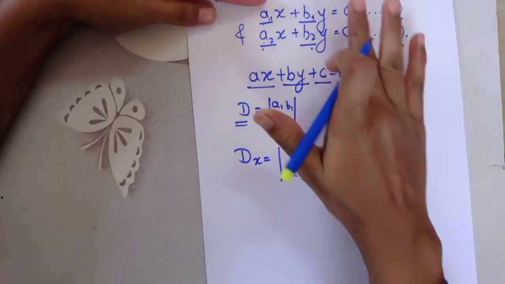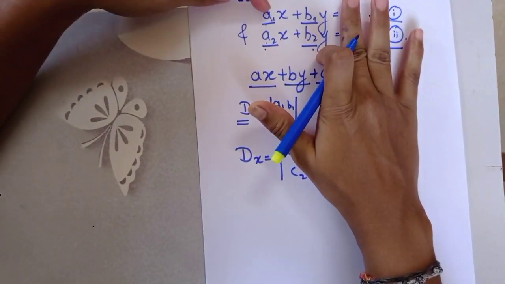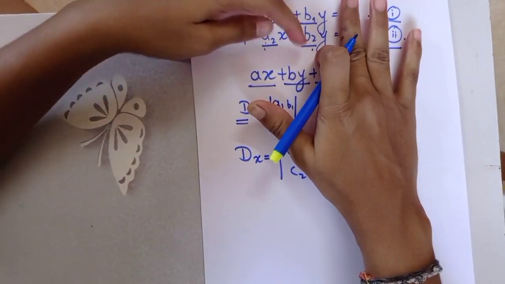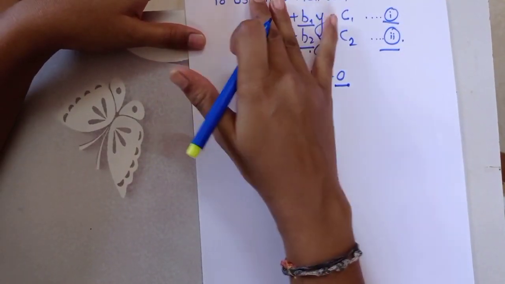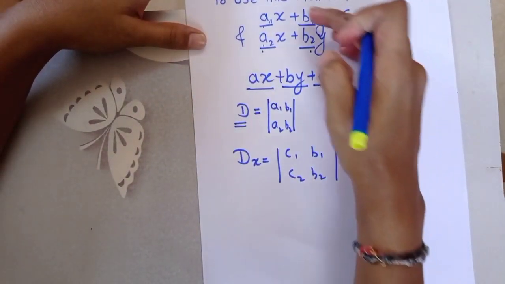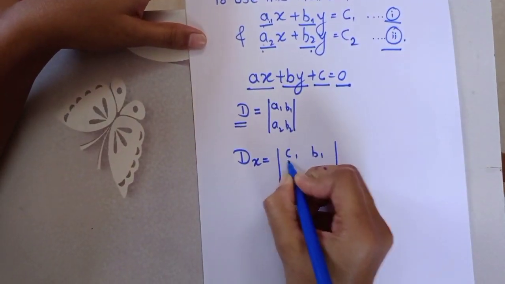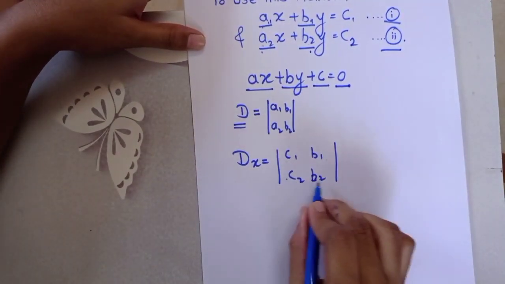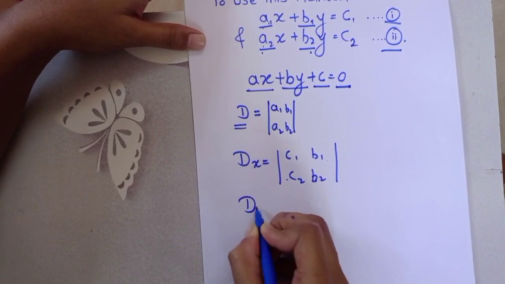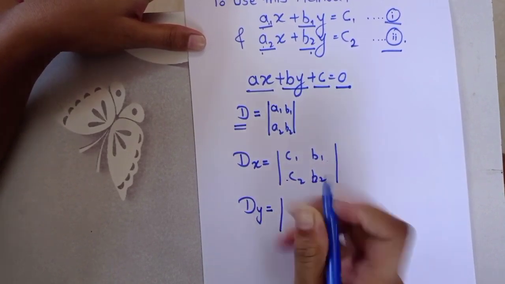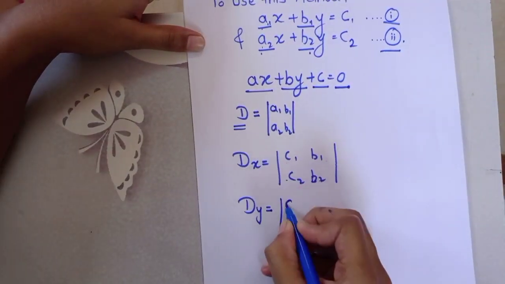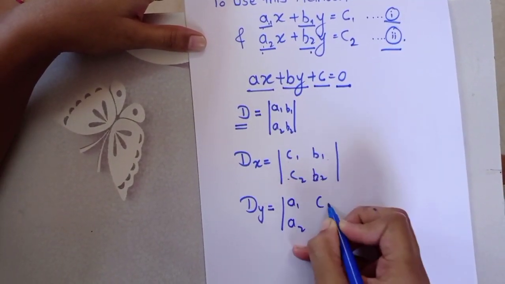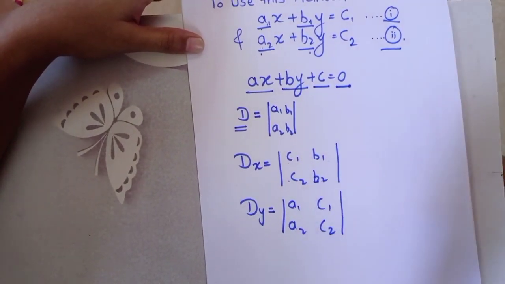Here D is there, which means we have to write a1, a2, b1 and b2. Now here Dx is there, the x variable we have to close and consider c1, c2, b1, b2, and they should be in this sequence. Dy is equal to, y we have to close, a1, a2, c1, c2.